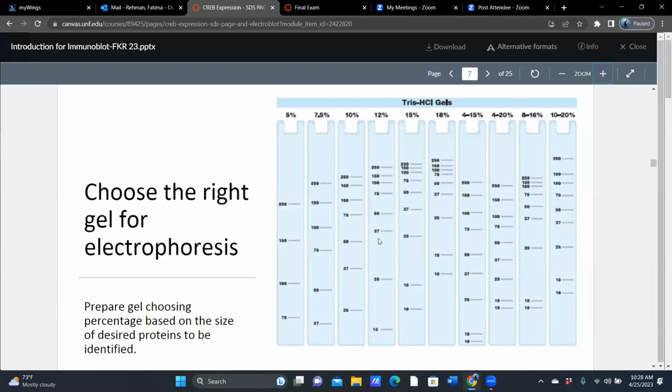Another one that I like to use a lot is the 10% one when I'm running cyclins or cell cycle proteins, because a lot of them fall between 75 and 25. And so by doing this, this resolves that area really, really well. So I can cut my membrane into various parts and look at all my cyclins at the same time on the same membrane.